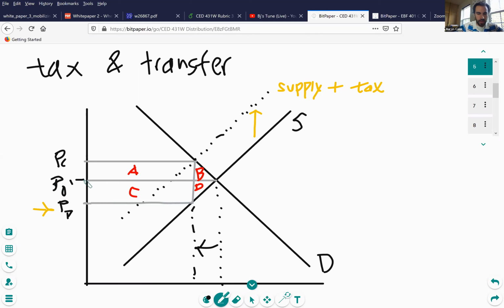That's going to be this A plus B. Consumers are losing some surplus, where they're paying higher prices than they otherwise would, and that's going to force them to give up more of their income, as well as force them to actually restrict some of their purchasing. They're going to be paying more for what they buy, but they're also going to be buying less, and so their consumer surplus falls by this amount, A plus B.